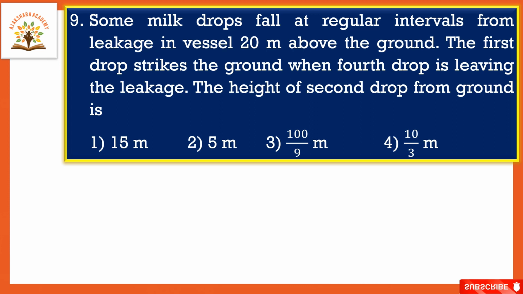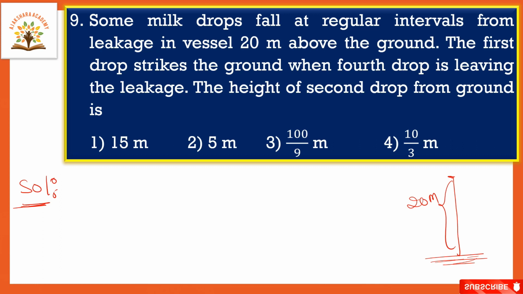Now let us go to the solution. Here milk drops fall at regular intervals from the leakage. Suppose from here to a height, this is the ground, they have given the height as 20 meters, and the first drop strikes the ground when the fourth drop is leaving the leakage.